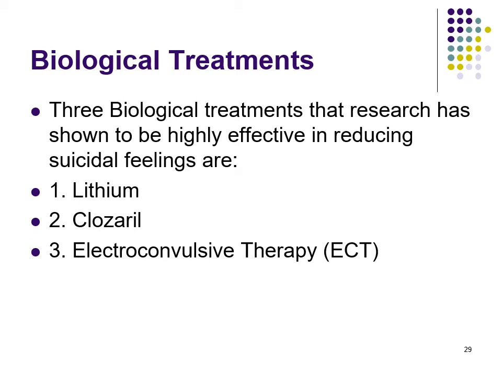If it's a psychotic disorder, they'll try Clozaril. And if it's just especially severe depression and it's available in the area, electroconvulsive therapy. And so you'll continuously see this over and over again. I've even seen people as young as 16 getting ECT, just because it's such an established fact that these are the most effective treatments for suicidality.